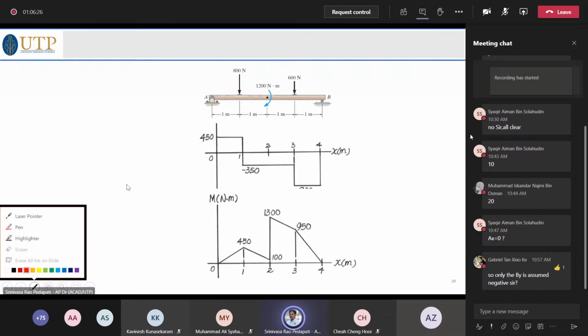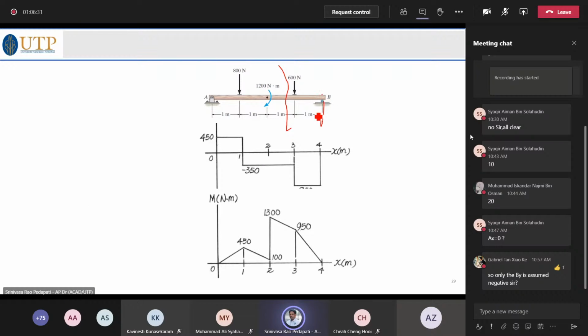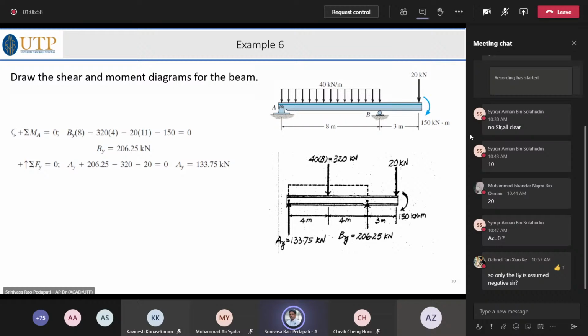For example, here By is acting upwards. Right hand side upwards is negative in these diagrams. To be very specific, I can write it like this: right hand side upwards negative. This is what I showed you in this case.